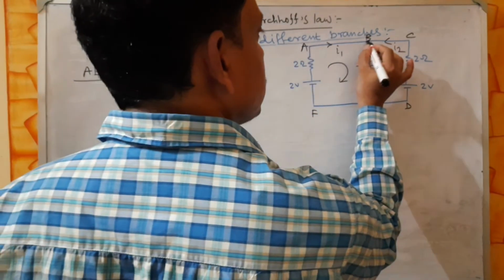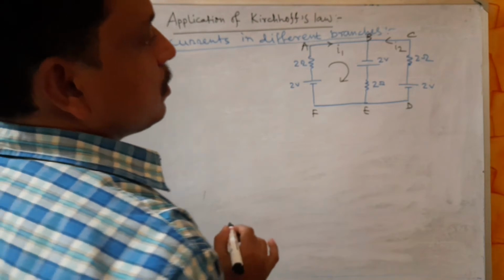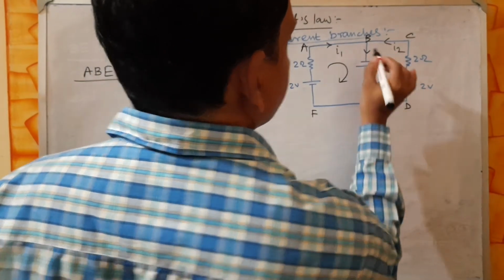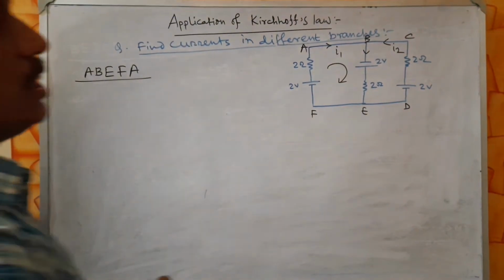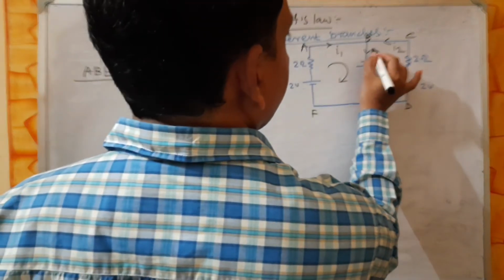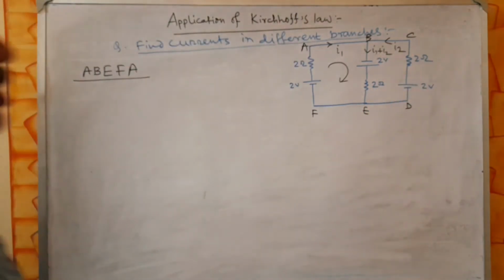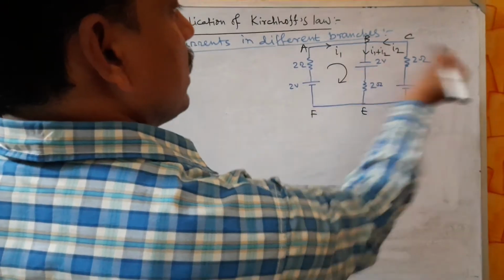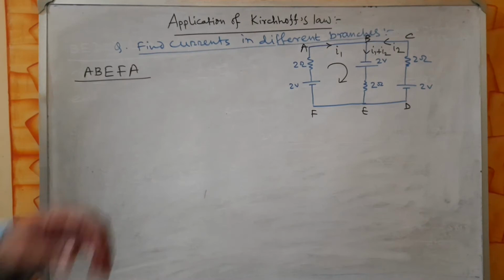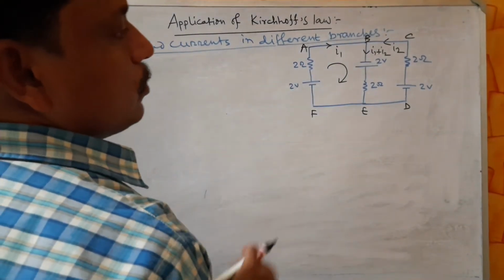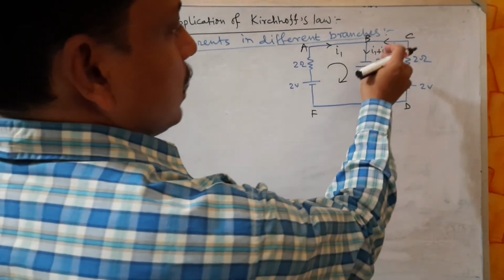At the junction B, by Kirchhoff's first law, I1 and I2 are entering B, equal to the leaving current I1 plus I2.